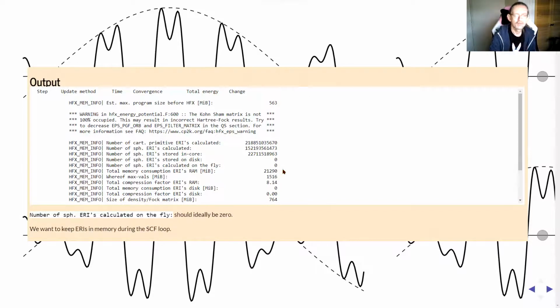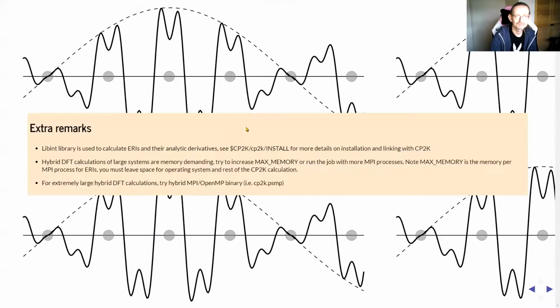And then what you'll see is that the first step of the Hartree-Fock calculation, once you've moved the atoms, you need to calculate all these matrix elements. The first step is a little bit more expensive, but then subsequent steps should be essentially not much more than a standard semi-local calculation. So the critical bit is getting it into memory.